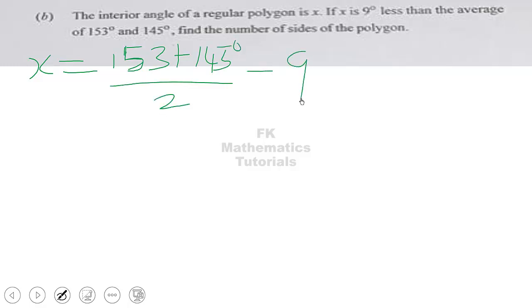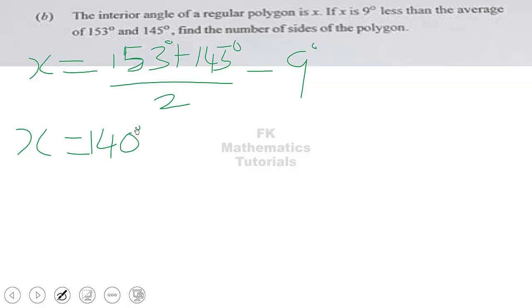So x is equal to 153 plus 145 all over 2 minus 9, and that will give us 140 degrees.